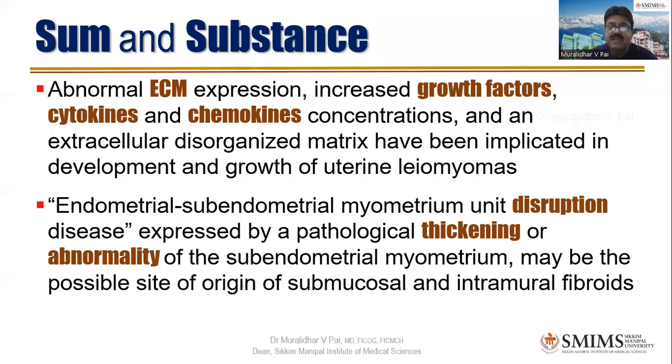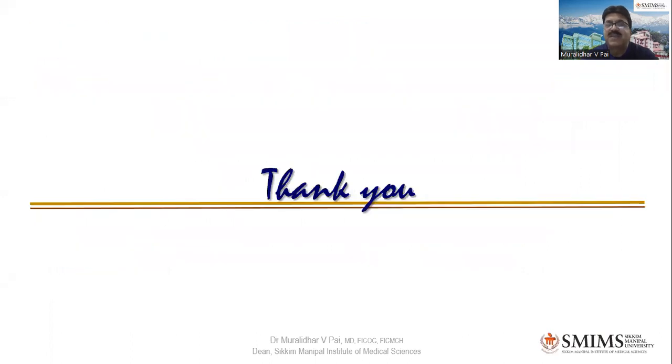And endometrial-subendometrial myometrium unit disruption disease, expressed by a pathological thickening or abnormality of the subendometrial myometrium, may be the possible site of origin of submucosal and intramural fibroids. Not endometriosis, this is a different issue. Thank you very much for your patient listening. I don't know how much you can remember about this, doesn't matter, but the main theories you all know.